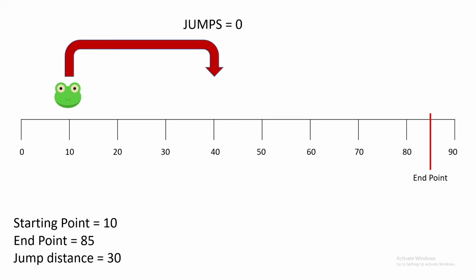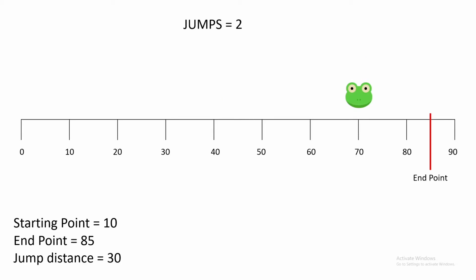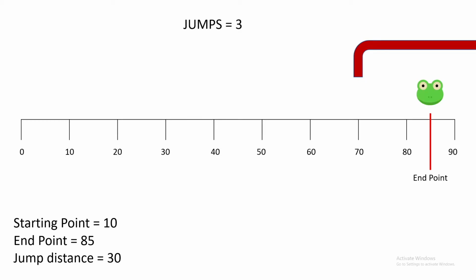His first jump will travel him a distance of 30, so he'll go from 10 to 40. Then on his second jump, he'll travel 30 again, so from 40 to 70. And then finally on his third jump, he's going to go from 70 to 100, which is past his endpoint of 85. So you can see that in total it takes the frog 3 jumps to get to the final point.